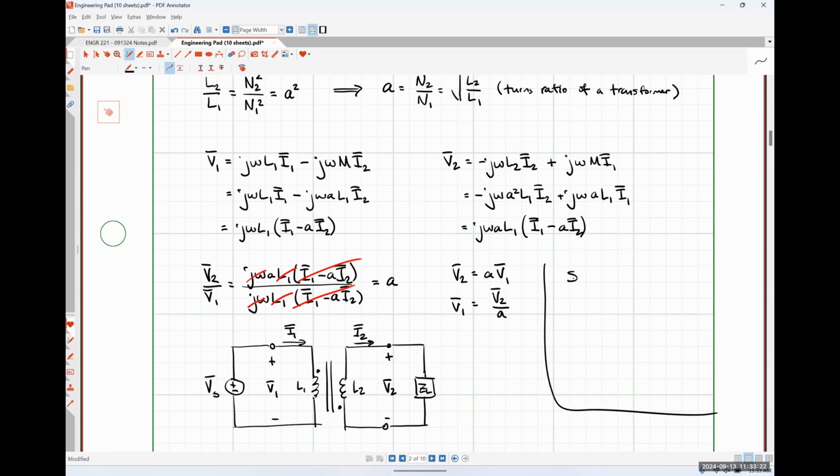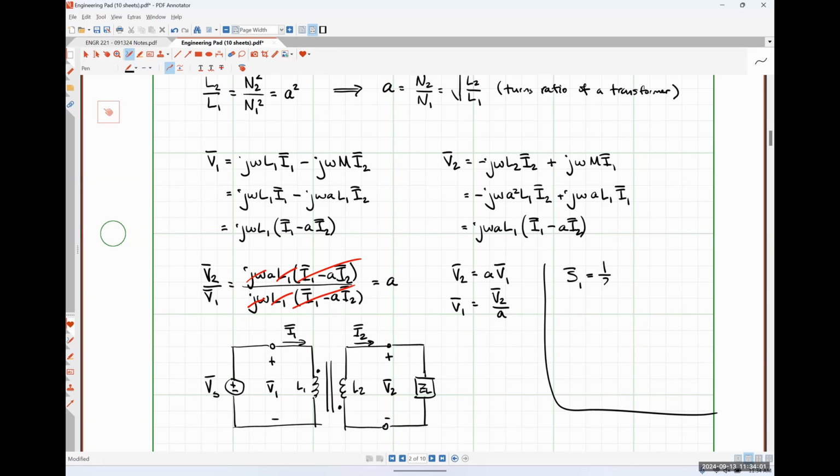So the complex power absorbed by coil 1, let's call that S1. Okay. So using just our fundamental definition of complex power, what should that be? So VI conjugate, but because we're dealing with phasors instead of RMS phasors, we need to throw in that factor of 1/2, right?